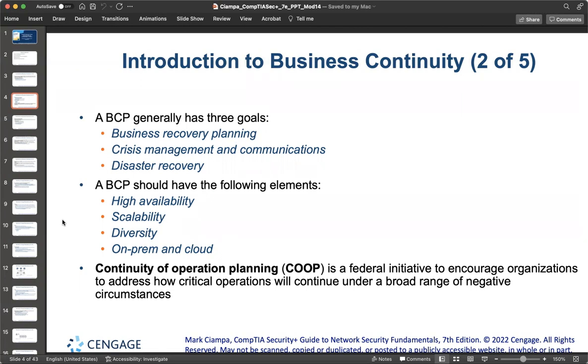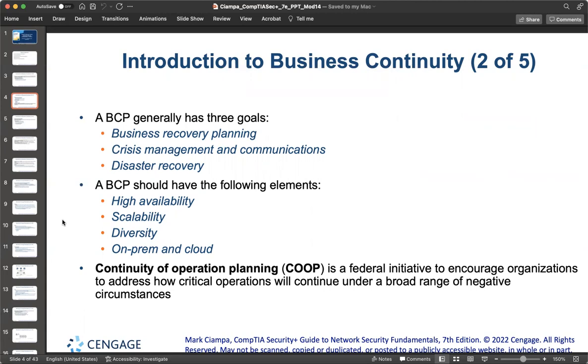A BCP is going to talk about high availability, making sure you do have enough redundancies so that in case of a failure on a device, another device is available to take over. Scalability, making sure if your business demands are going up and you're demanding more resources, you can scale up and that's not going to cause any issue with the performance or providing the service.